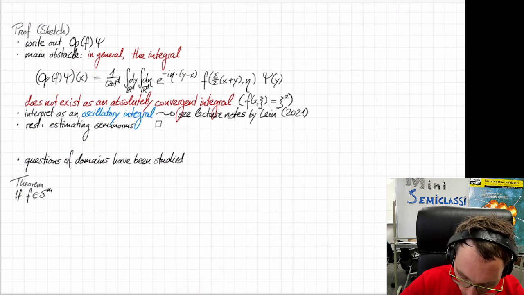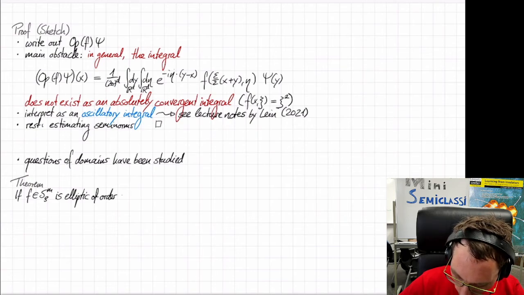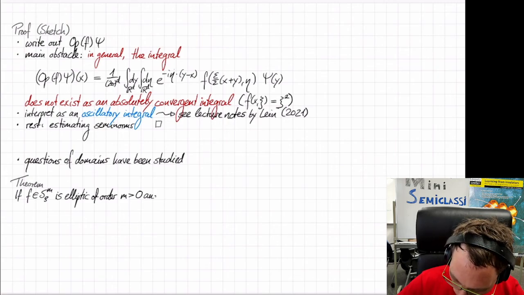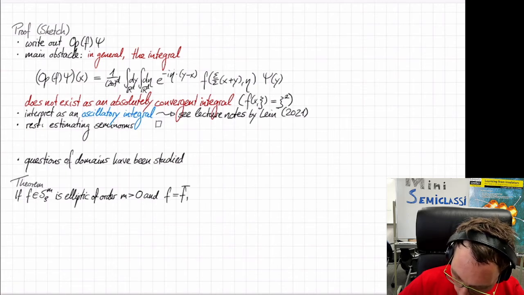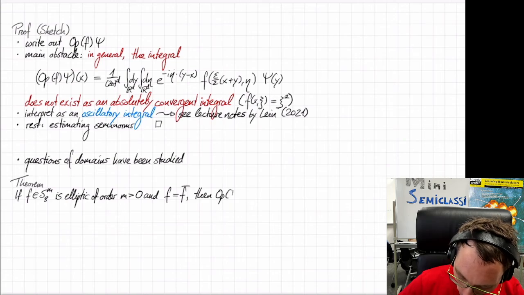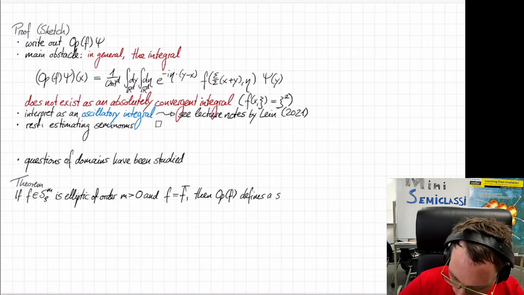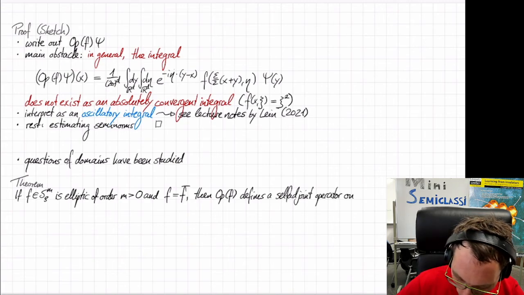So if f is elliptic of order m and real valued, then op f defines a self-adjoint operator on the m-th Sobolev space.